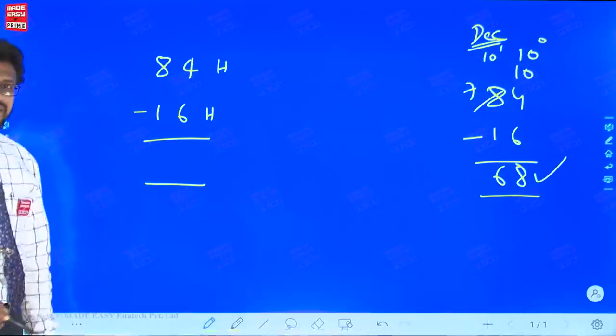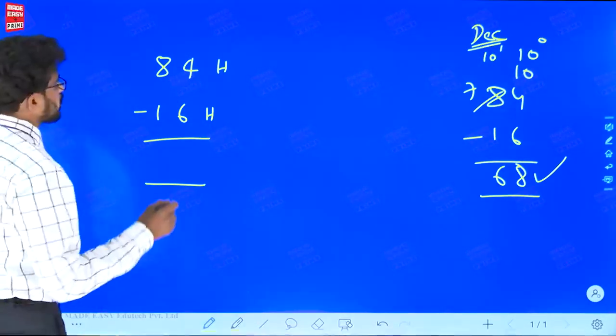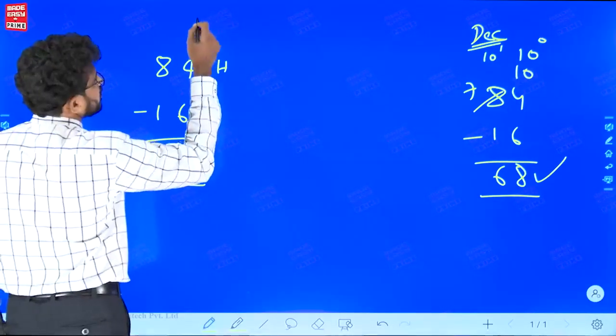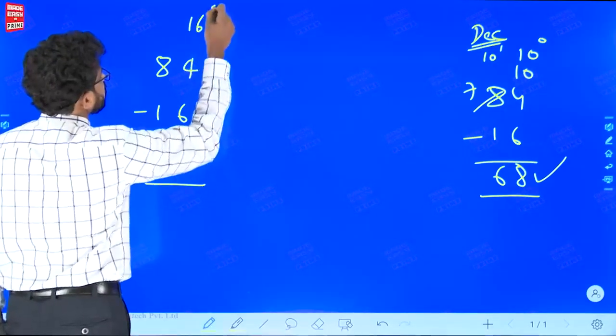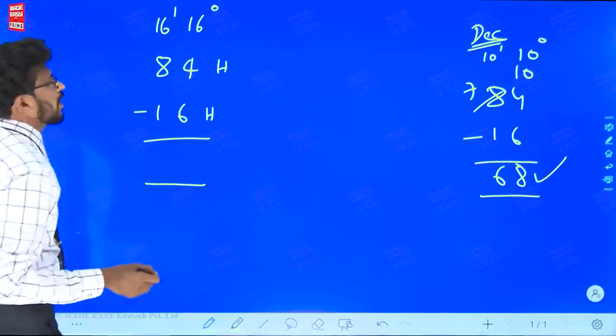But which number system is this? Hexadecimal number system. So what is the place value here? It is 16. So it is 16 power 0, 16 power 1.